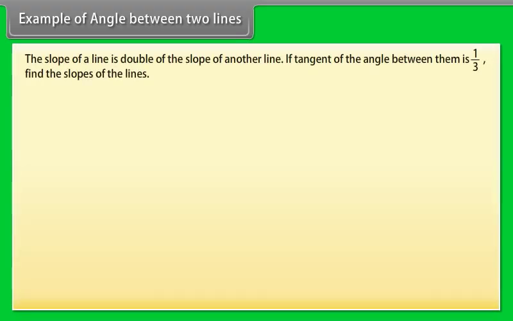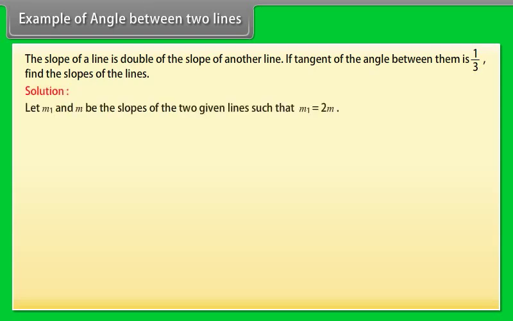Example of angle between two lines. The slope of a line is double the slope of another line. If the tangent of the angle between them is 1/3, find the slopes of the lines. Solution. Let m1 and m be the slopes of the two given lines such that m1 = 2m.